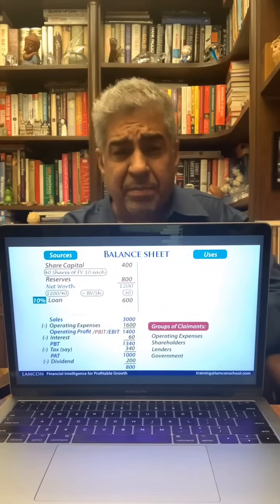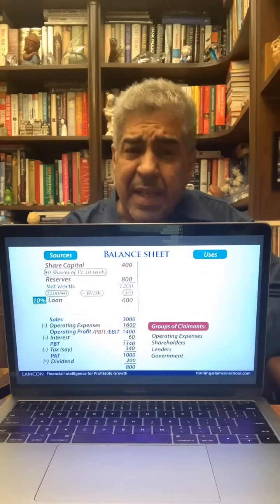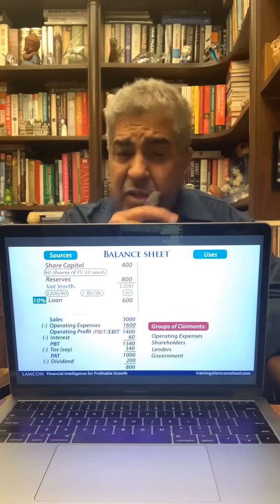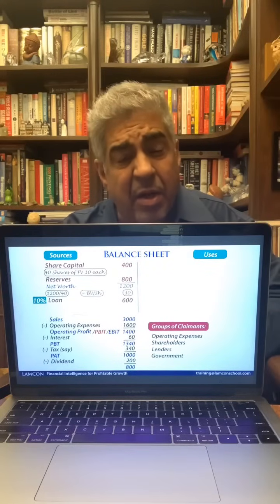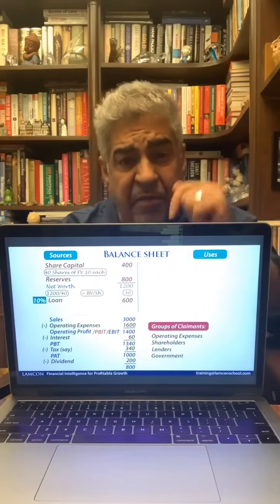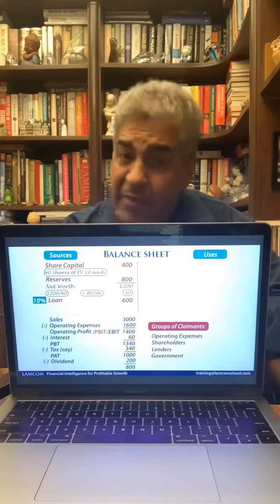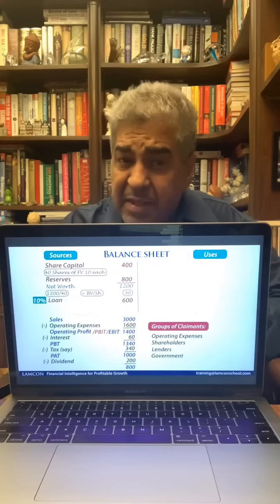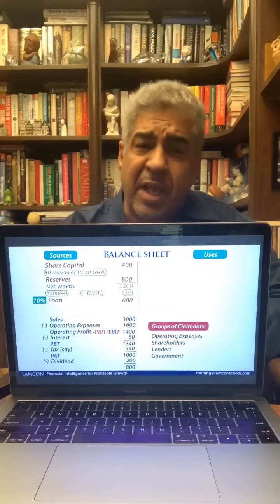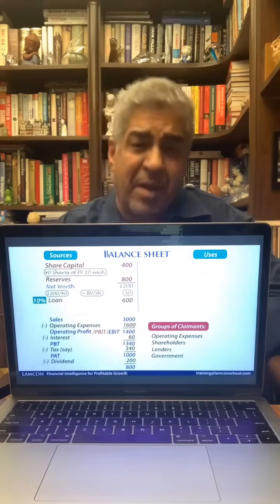So folks, in the beginning, if you notice, I said balance sheet liabilities represent sources. How many sources are there in an organization? Is the first item a source? Of course. Who gave this money to the organization? The owner. Is the second item, reserves, a source? Answer is yes. Who gave it to you? Again, the owner.